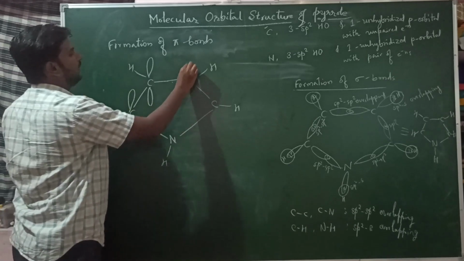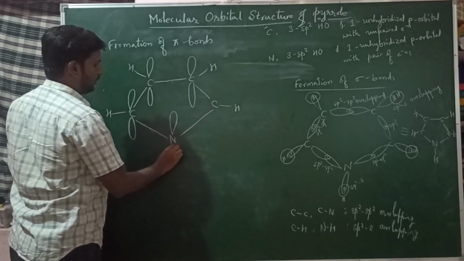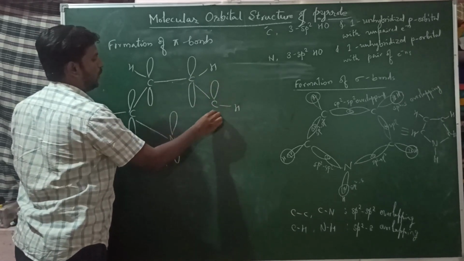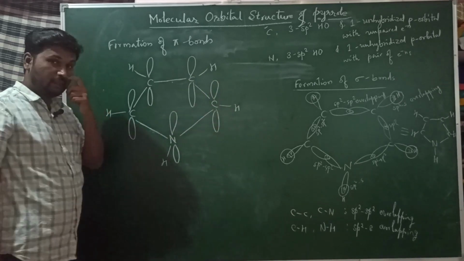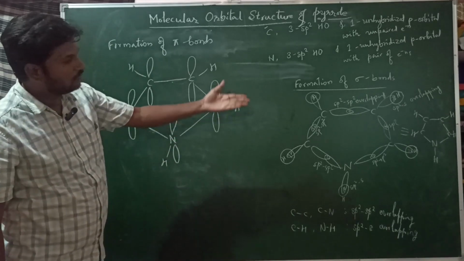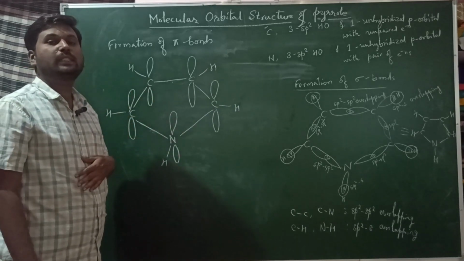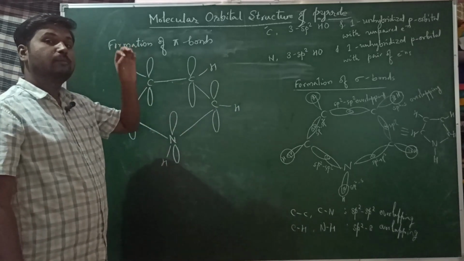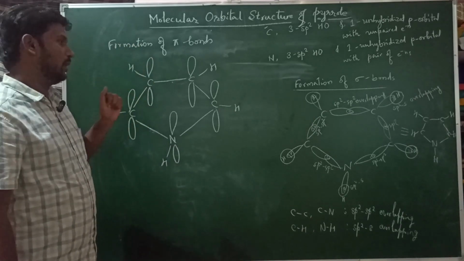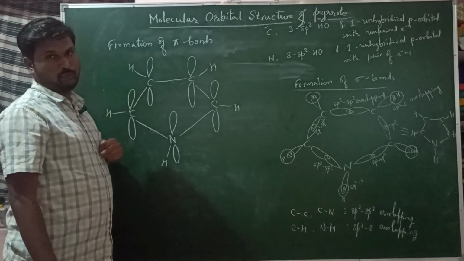So this unhybridized p orbital is present perpendicular to the plane of the sigma bonds. If they were in the plane, they would form an axial overlapping, leading to the formation of a sigma bond. But these unhybridized p orbitals are perpendicular to the plane of the sigma bonds, so they always form the pi bonds.